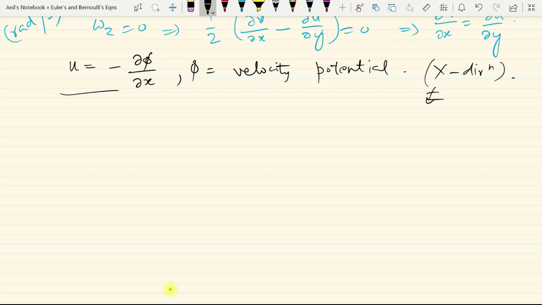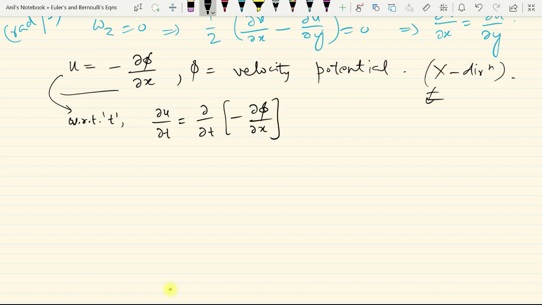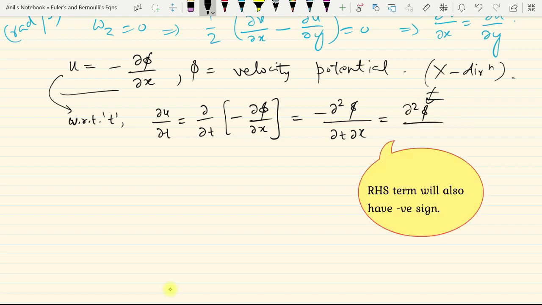Now differentiate this with respect to time. So we will get del u by del t equals del by del t of minus del phi by del x. So this can also be written as minus del square phi by del t del x. This can also be written as del square phi by del x del t.